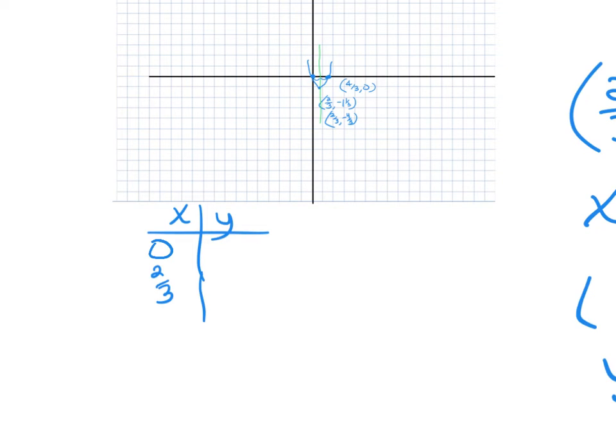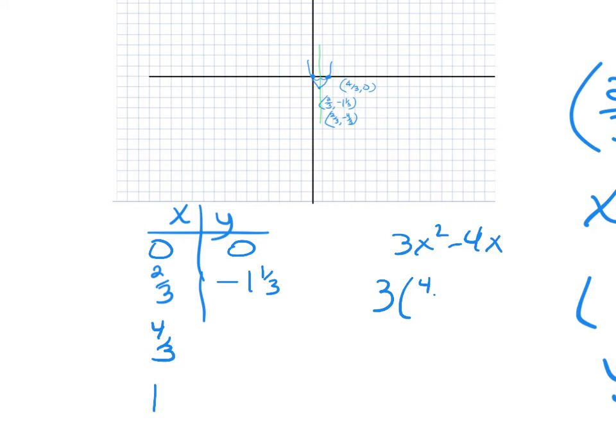So if you plug that in, you get 0. This was the -1 1/3. And what I plugged in was 4/3. However, you could have plugged in 1. It doesn't really matter. Just plug in a number that's bigger. So again, our equation was 3x squared minus 4x. I'll show you the 4/3, and I can also show you the 1.